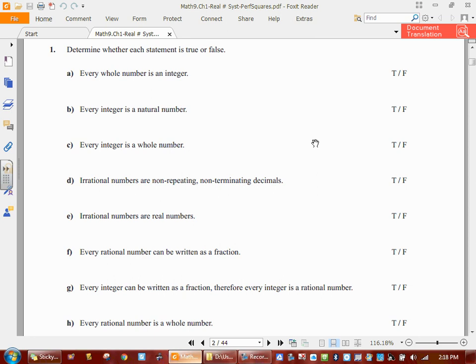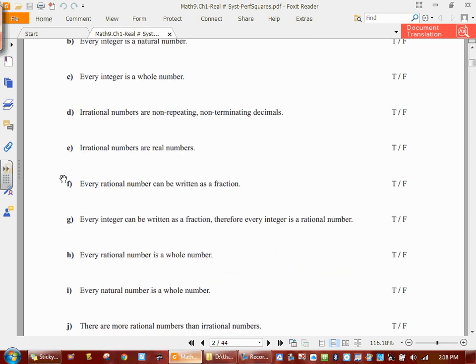Let's take a look at letter D. Irrationals. All right, now we're talking about the hat. So on the hat, we have non-repeating and non-ending, non-terminating decimals. Is that true? Yeah, we have the run-on decimals. Absolutely, that's true. Okay, we have the decimals that run on and they don't repeat a pattern.